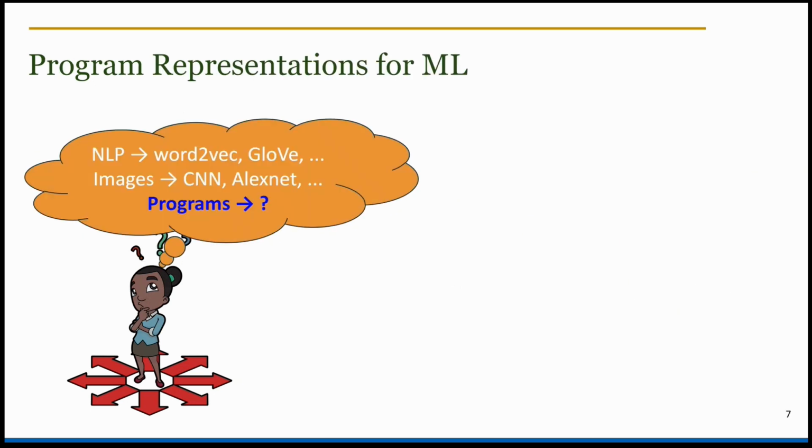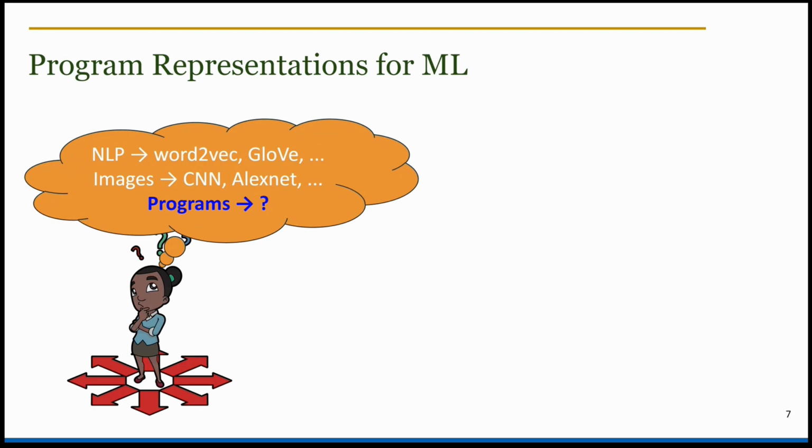We all know that in other areas like natural language processing or image processing, we have representation learning methods like Word2Vec or GloVe that try to represent natural language text as vectors in some n-dimensional space.